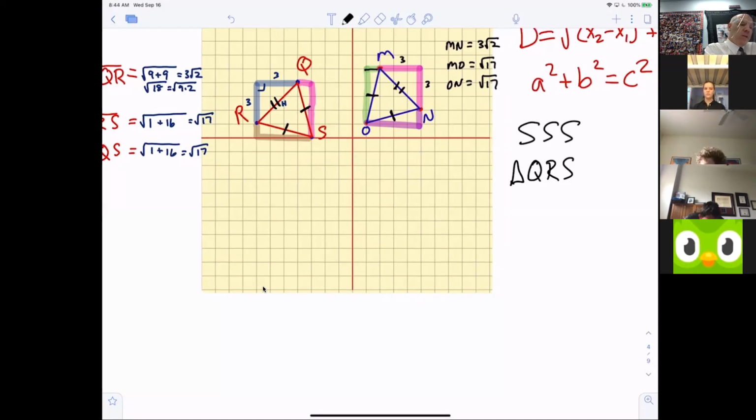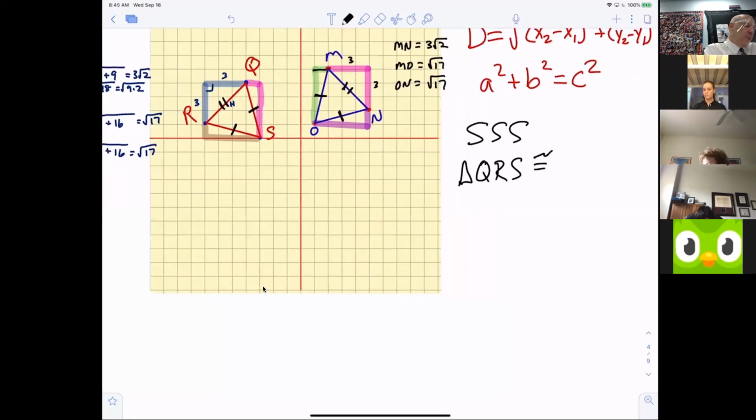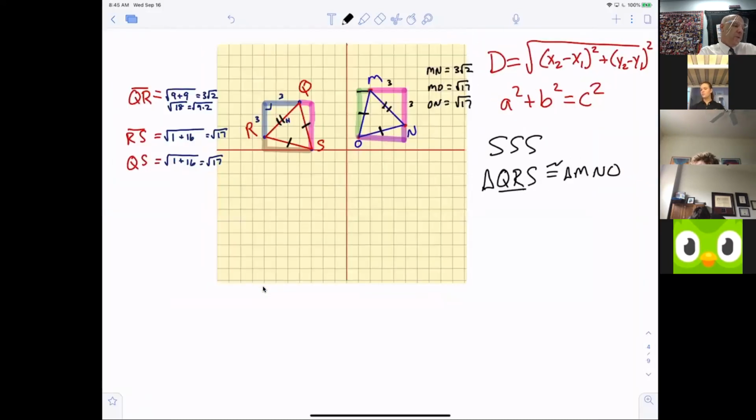So congruent to, as long as we say the 3 radical 2 side first, you're in good shape. MNO. Oh, I forgot the triangle sign. That's kind of annoying. Is everybody good with that? Hopefully you're okay with that.